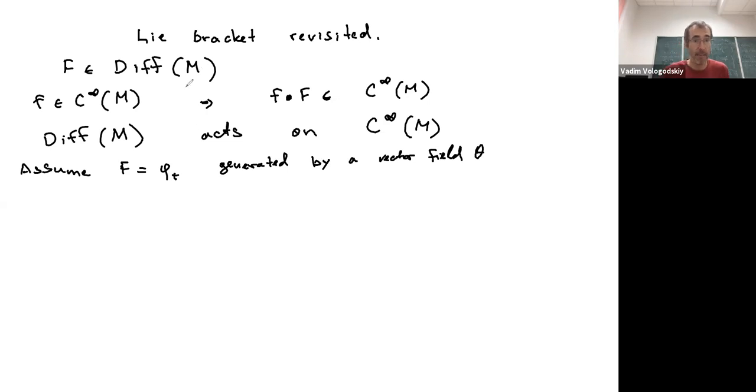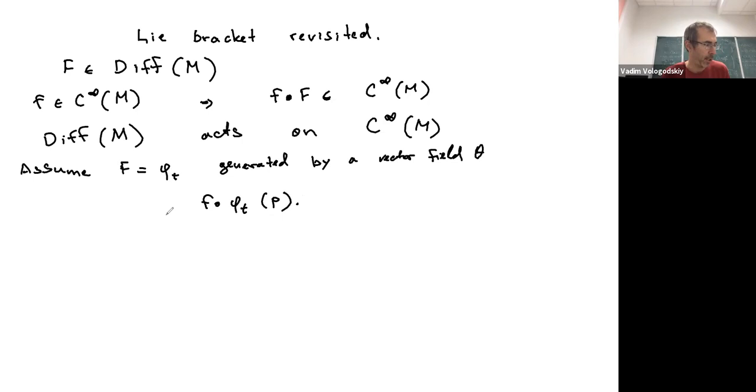In the case when M is compact, I can think of f sub t just as a one parameter family of diffeomorphisms. So then we can take f composed with phi sub t of p. So we get a family of functions parameterized by t.